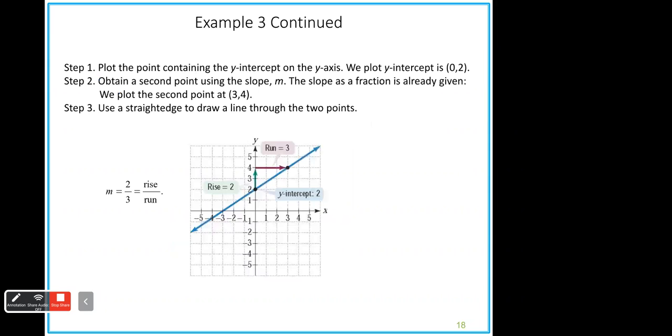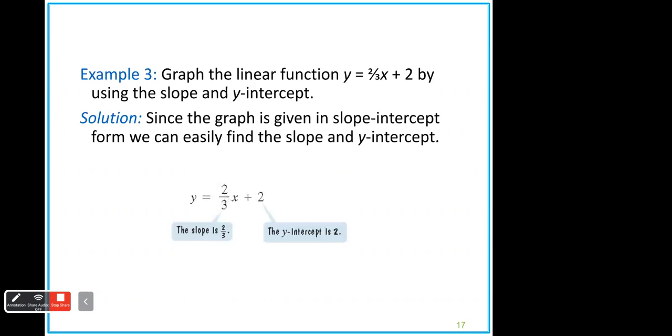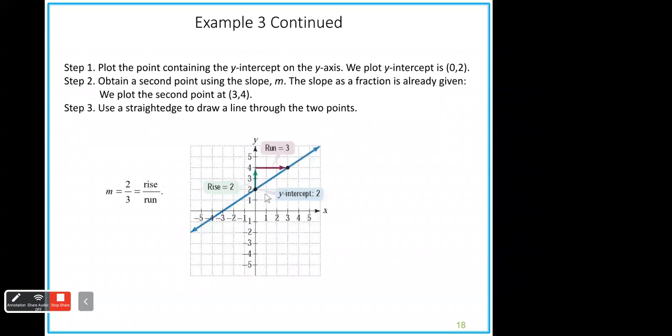So let's look at it. So again, y-intercept is 2. So the first thing we're going to do is go on the y-axis and find 2. So this is where 2 is on the y-axis. And now because the slope is 2/3, once we find that 2, you're going to now use the slope to help you to find the other point.